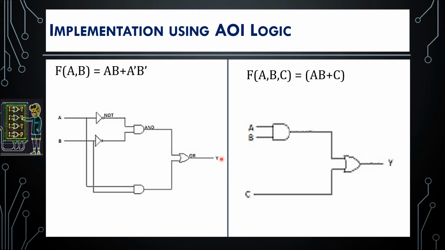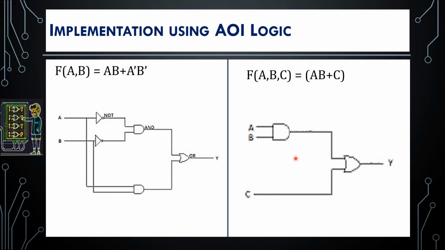Fine. In the second example, we have three variables A, B and C. To implement the first minterm, we make use of an AND gate, A into B. The second term can be treated as C into 1, or it can simply be treated as C. If you treat it as C into 1, then you can make use of an AND gate with C as one input and the second input as 1.